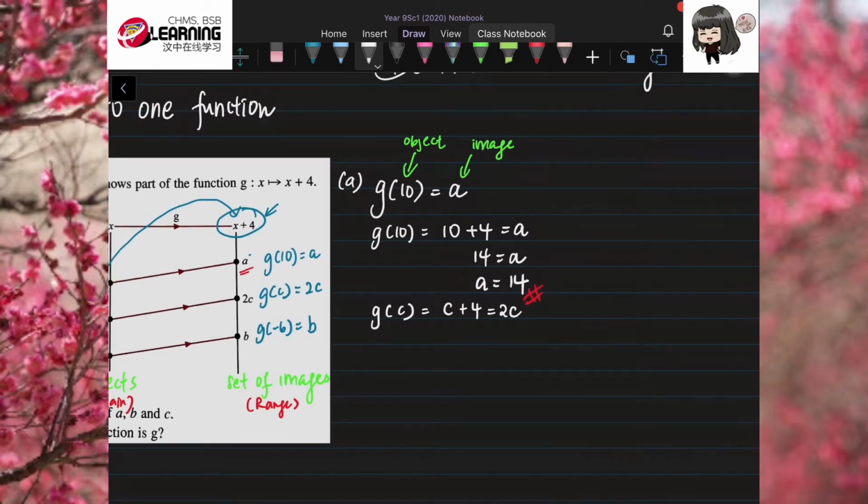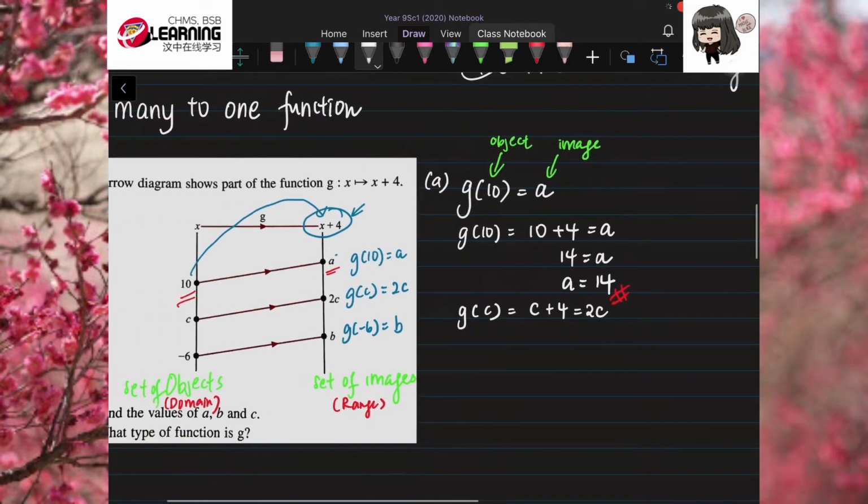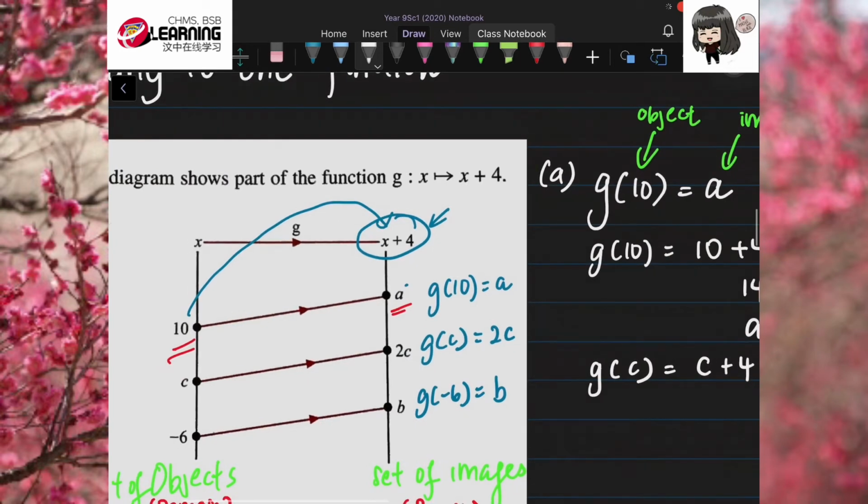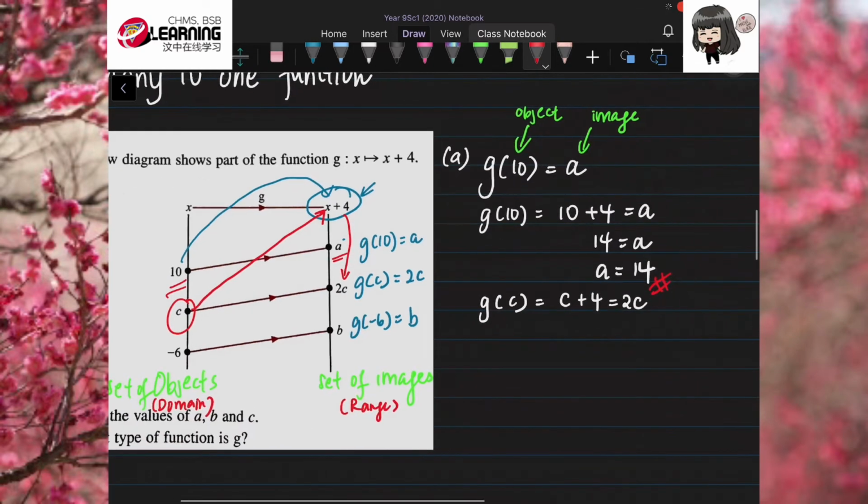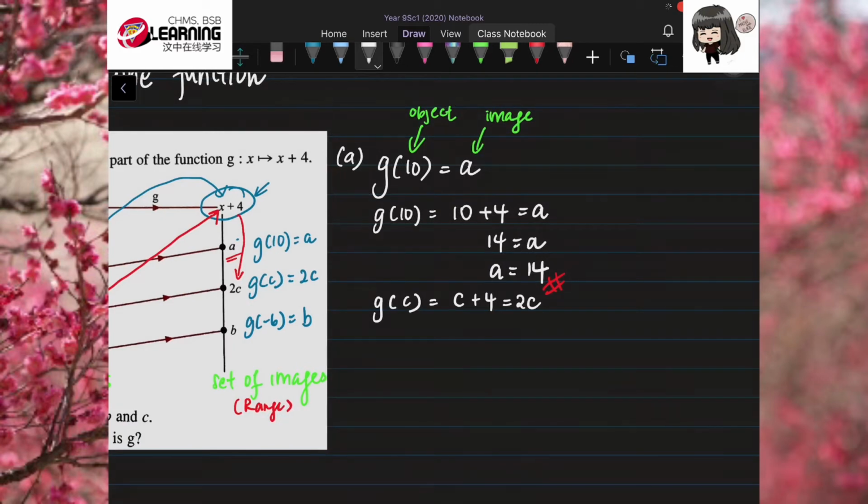Your input is c, you put it into the machine or the function, we sub it into the x here, and it gives you 2c. So now we can solve for c. Just look at this part only. This part means when x equals c.